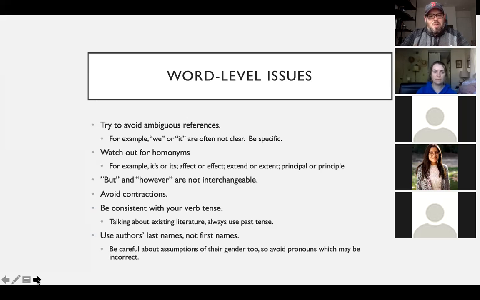And making sure that you have that there. Are you talking about a principal of a high school, which is the first option here ending in PAL? Or is it a principle, something that you have a principled stand on, right? That would be that example. So being clear about which one you're choosing and using that appropriately.